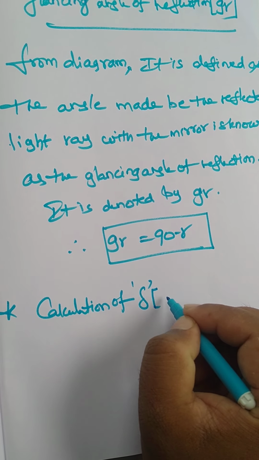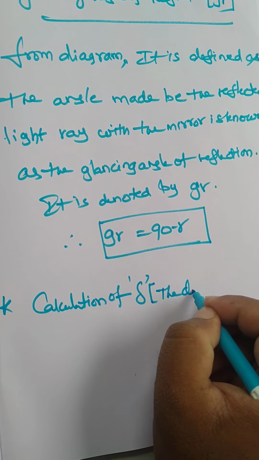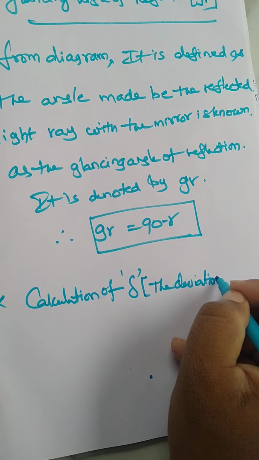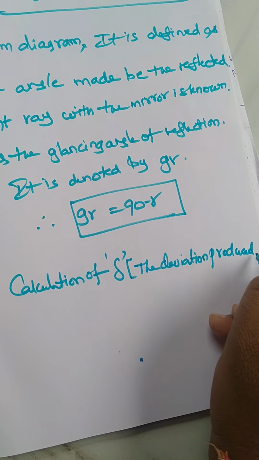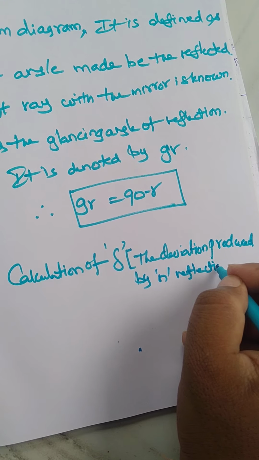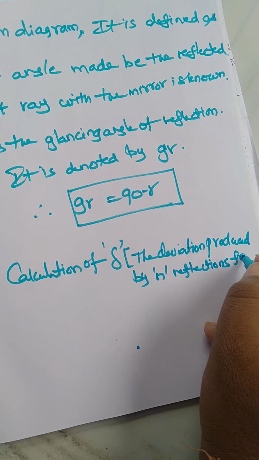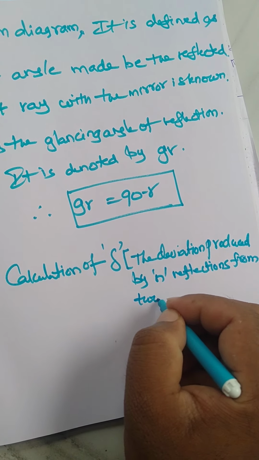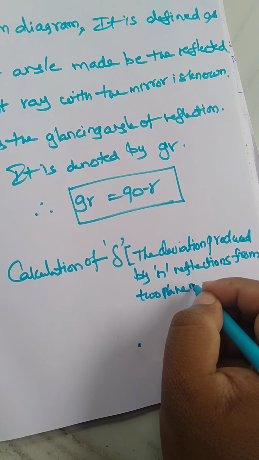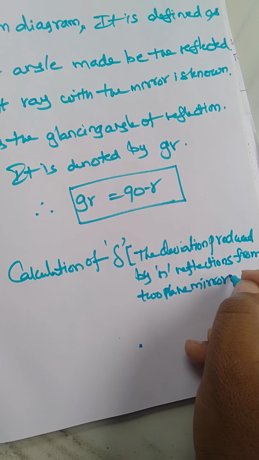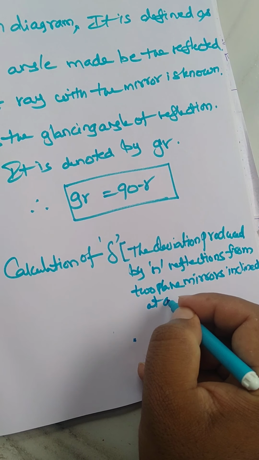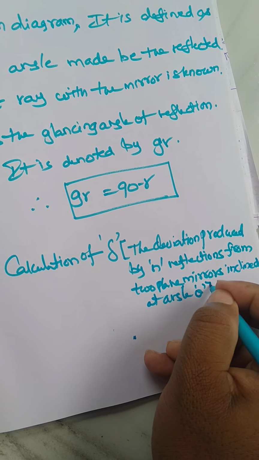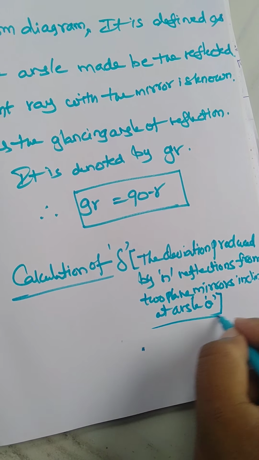It is not a single plane mirror; it is the deviation produced by n reflections from two plane mirrors inclined at angle theta, right? So this I want to discuss here.